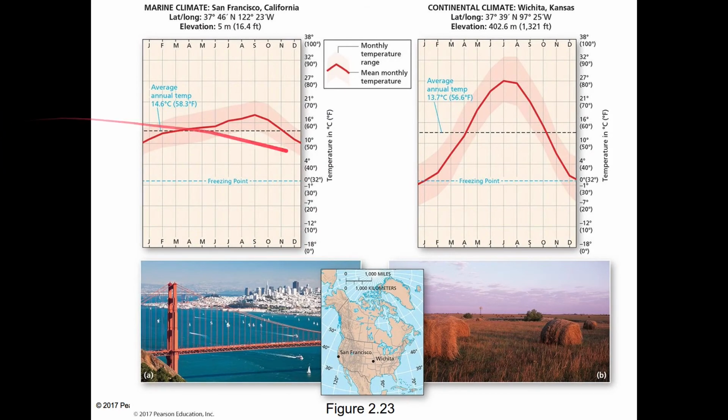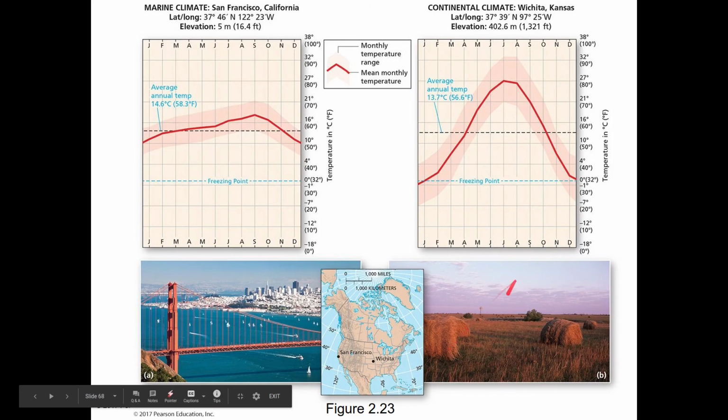San Francisco, Wichita, Kansas. San Francisco has an average temp of 14.6, Wichita an average temp of 13.7, but San Francisco is going from like 50 to 65, so a 15 Fahrenheit degree range, as opposed to going from 30 degrees to 80 degrees. They have a 50 degree range in Wichita because of those land-water heating differences.